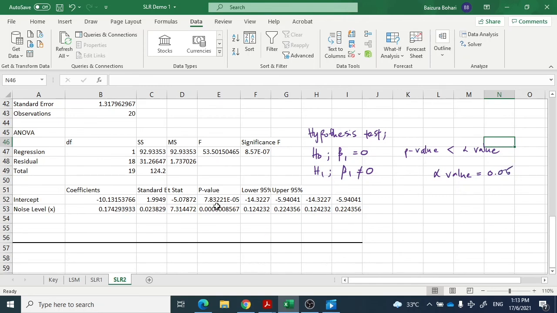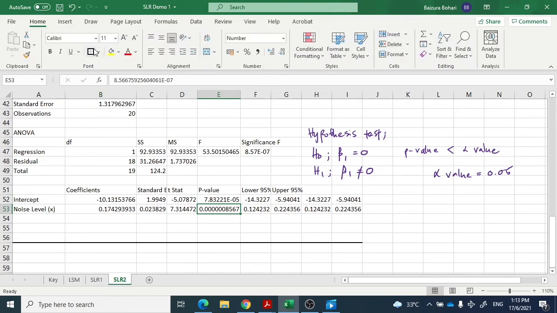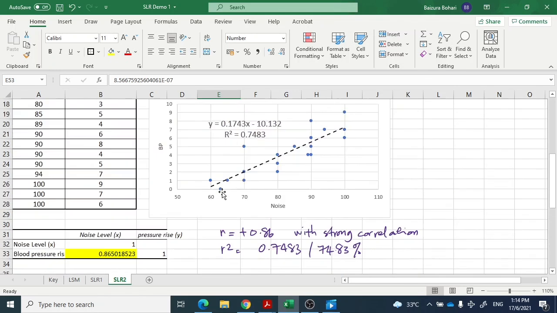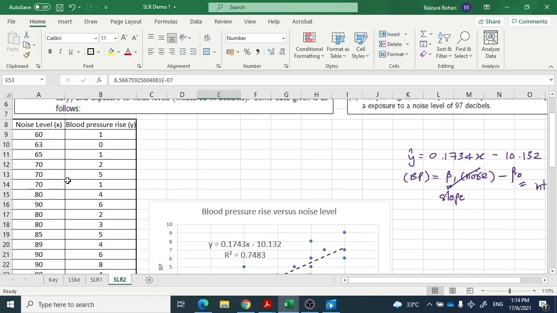So from this table, we can see that our p-value here is obviously smaller than 0.05. So we're going to reject our null hypothesis. Therefore, we can say that we have a significant relationship between the blood pressure rise and the noise level.